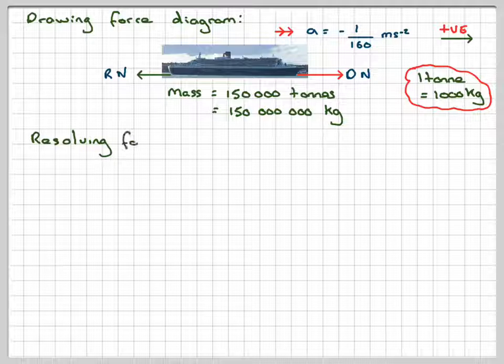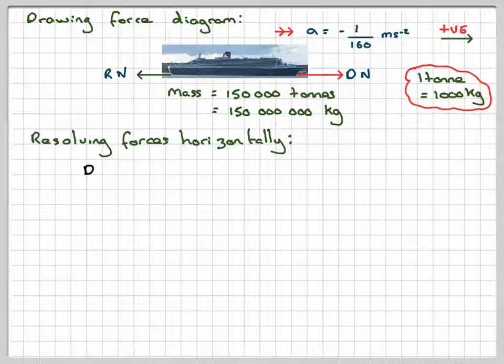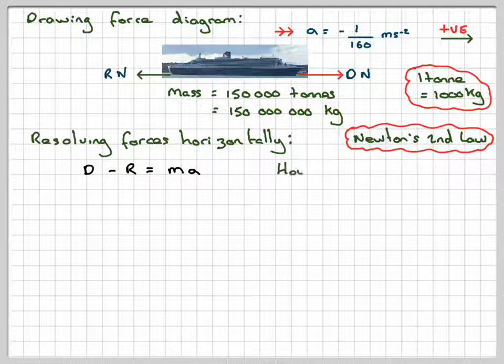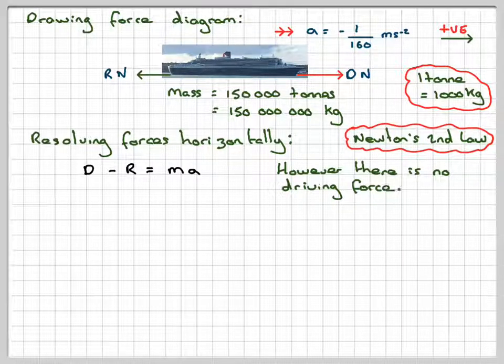Now, resolving forces horizontally, we note that the driving force, D, minus R, will be equal to ma, because Newton's second law applies. However, there is no driving force here, so D will be equal to 0, but we will need it for the last part.